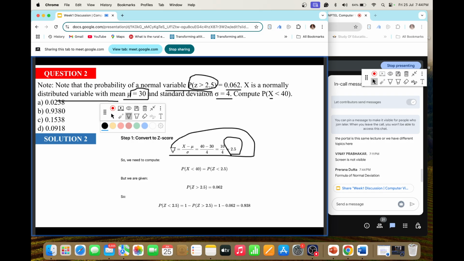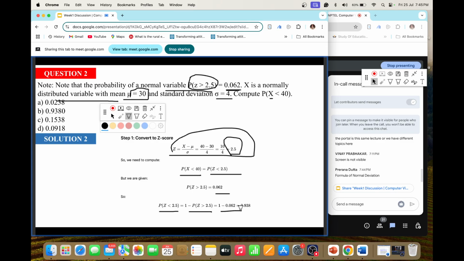Now z is clear. We have to find the probability of x lesser than 40. That means we have to find the probability of z lesser than 2.5, because x is converted to z by this formula. Now we have been given P(Z greater than 2.5) is 0.062. So we can find P(Z lesser than 2.5) by 1 minus the probability of Z greater than 2.5.